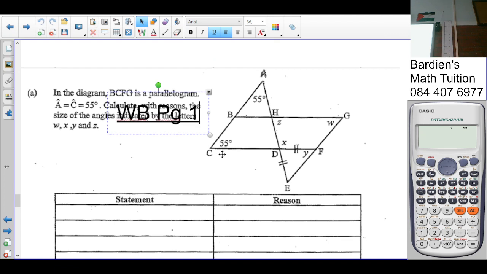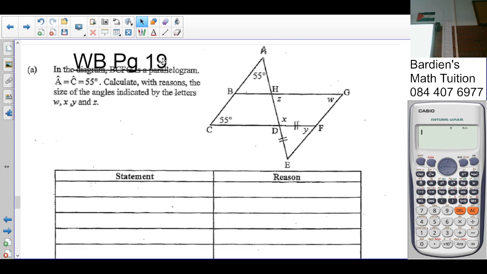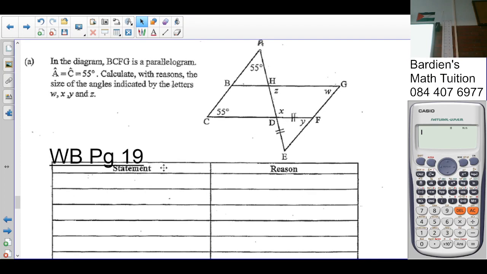So I'm going to give you a chance to answer the first question on page 19. I'll check your work and call you up row by row to see what you've done. Hopefully before the bell rings, we will have answered question 8 on page 19. Does that sound like a plan?